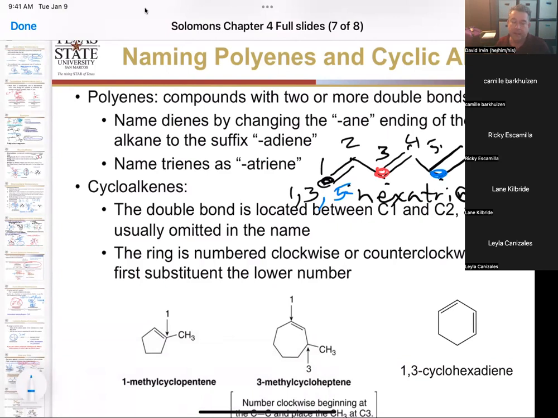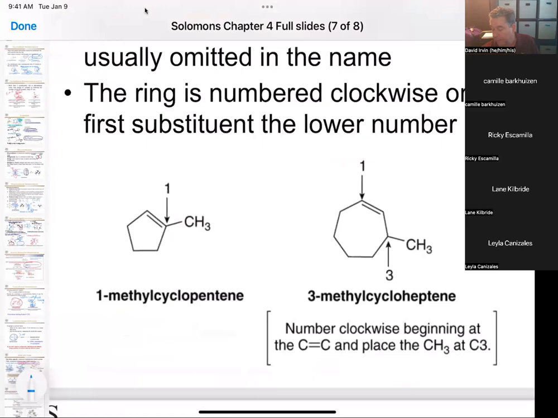Now, in cycloalkenes, you must label the first 2 carbons in the alkene as your 1 and 2 positions. So it doesn't matter which way you go around the ring, you have to number it so that the 1 and 2 are the alkene. So let's look at that.